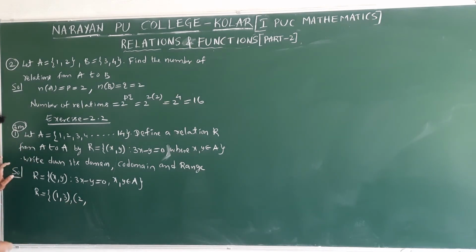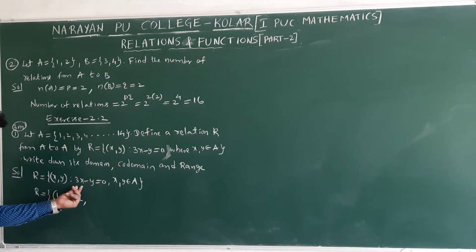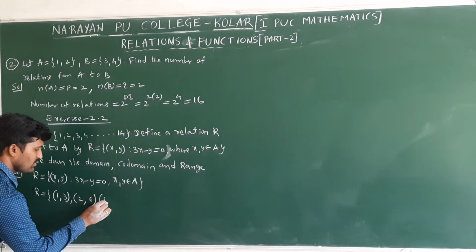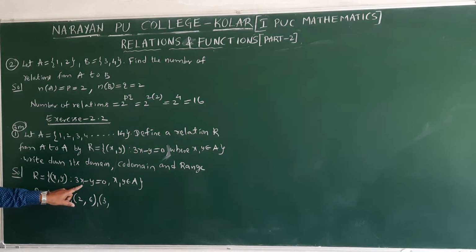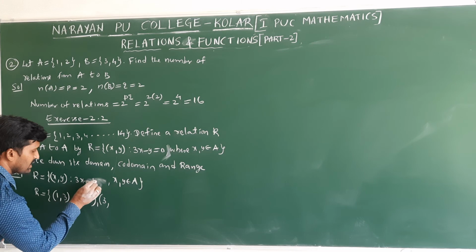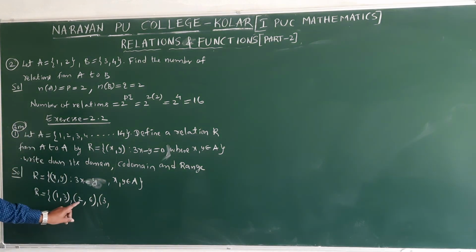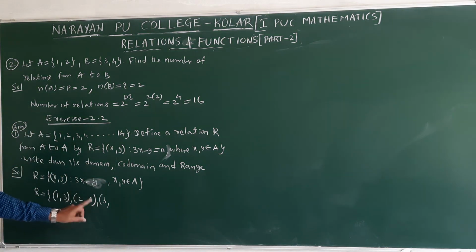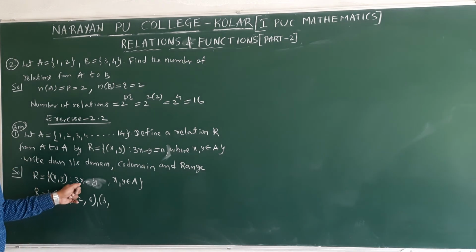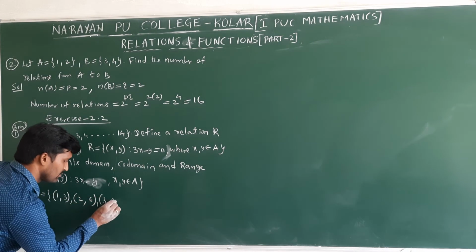Next x is 2: 2 3s are 6, so y value is 6. Next x value 3: 3 3s are 9, so y value 9, in the order pair x comma y form.